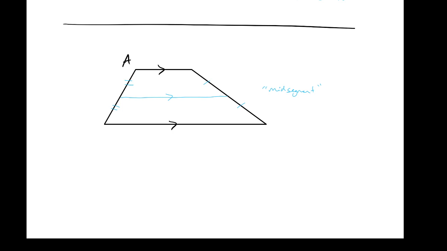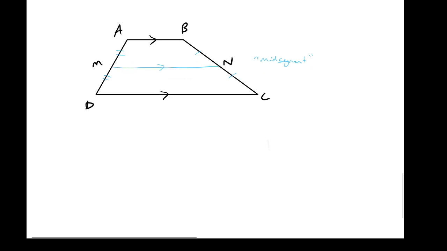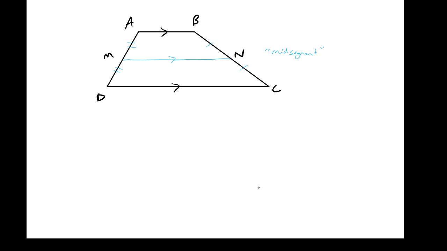So here we go. We have A, B, C, and D, with the midsegment being named MN. So all the characteristics that we have: if this is a trapezoid, we know that AB is going to be parallel to CD. It's also going to be parallel to MN.